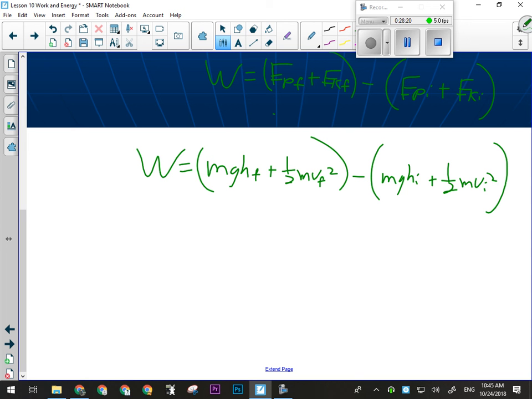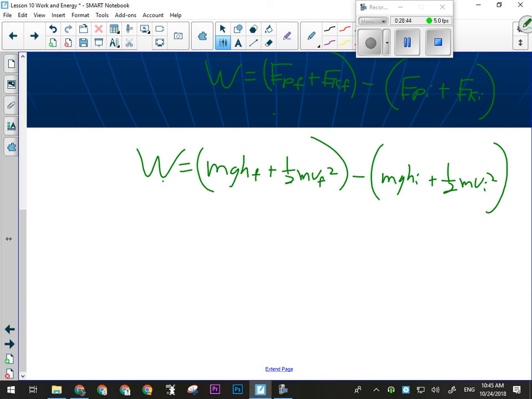Does this look like the conservation of energy roller coaster questions you did a little bit last year? Where you had all those different energies in it. The only thing that's different is that in the roller coaster questions, this bracket and this bracket were equal. There was no work done because there was no change in energy. It was conserved from the top of the roller coaster to the bottom.